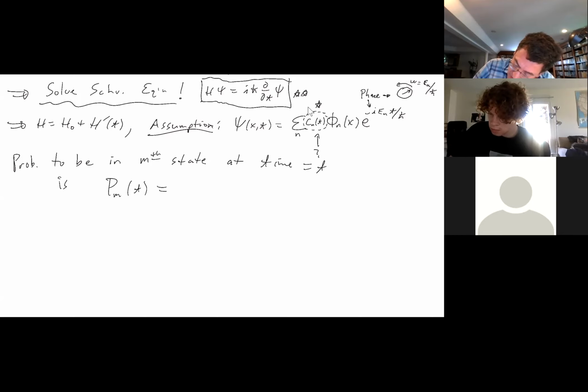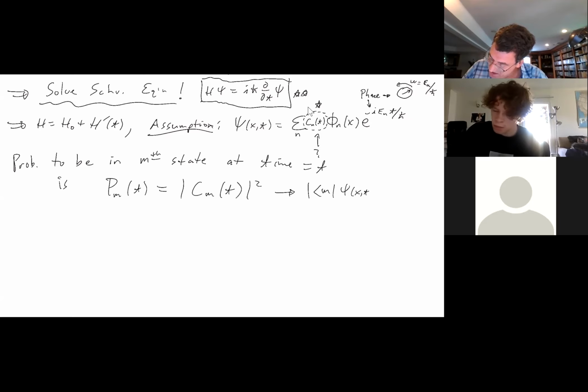It's going to be this amplitude squared. And that's kind of obvious. You just get that from taking this simple overlap. If I take psi of x,t and overlap it with n and square it, then that thing squared is going to be c_n of t squared.